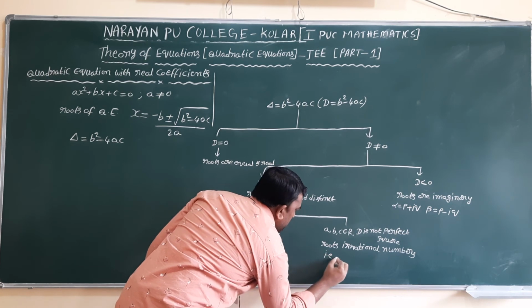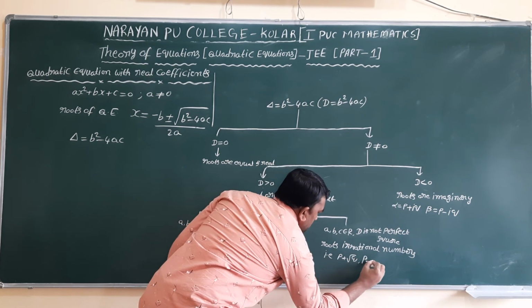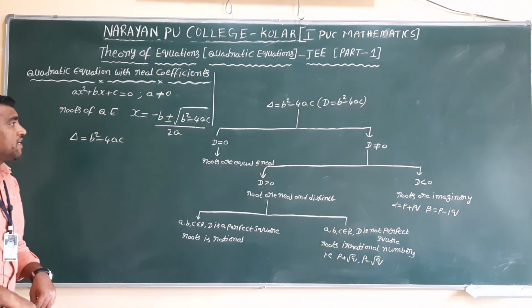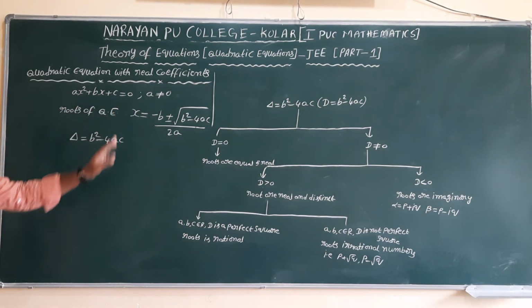Irrational numbers we know are of the form p plus root q, or otherwise p minus root q, etc. These are the natures of the roots for the quadratic equation ax square plus bx plus c equal to 0.